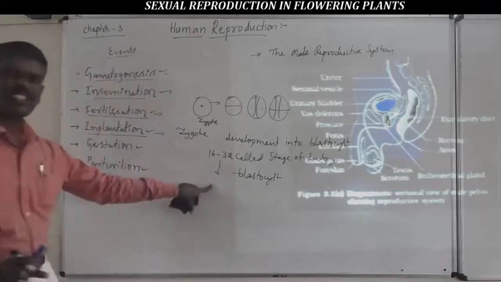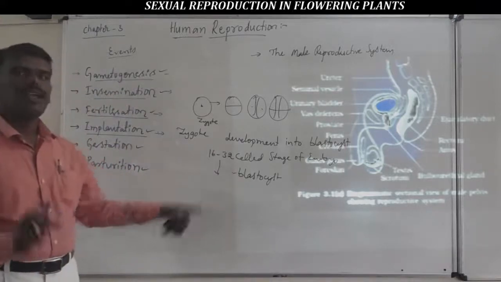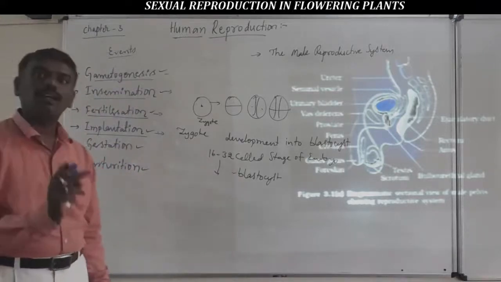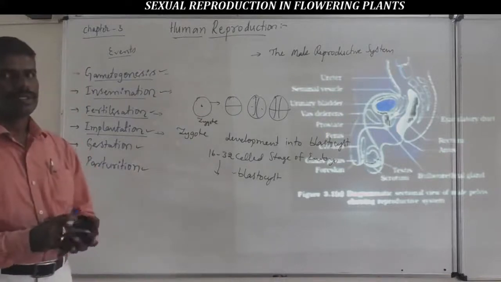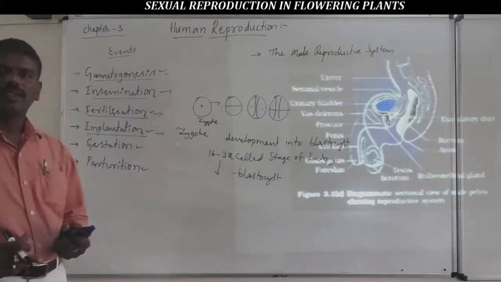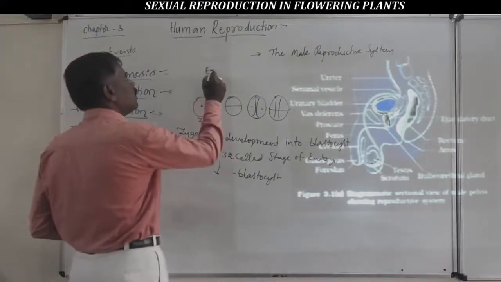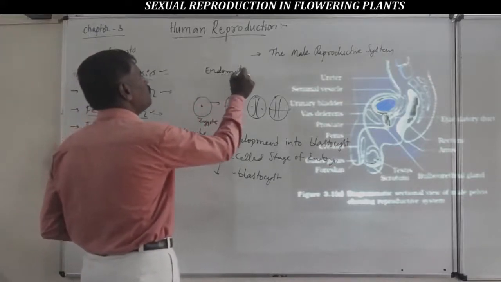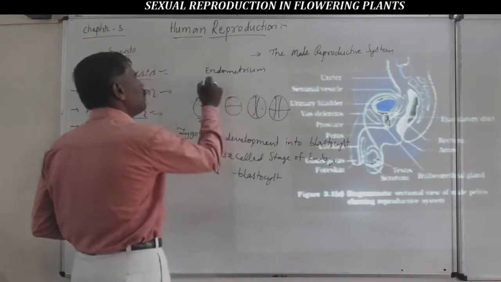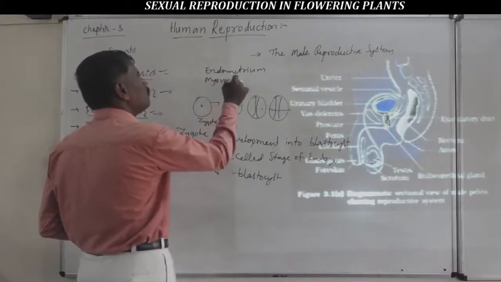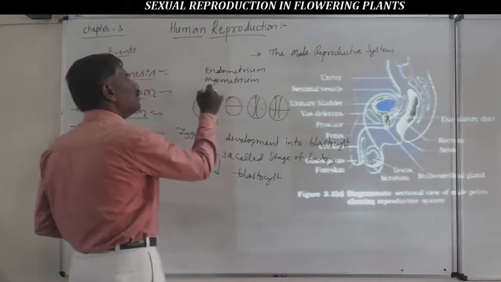These blastocysts attach to the endometrium of the uterus, the wall of the uterus. The wall of the uterus consists of 3 layers: endometrium, myometrium and perimetrium.